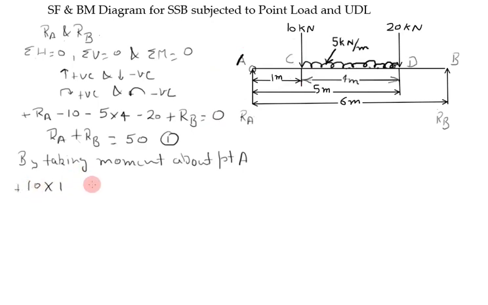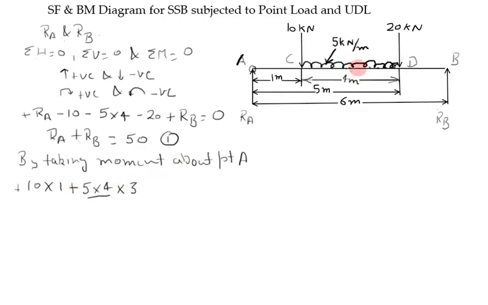Next is UDL, 5 kilonewton per meter acting on 4 meter. So this is the load, and distance of its CG from point A is 3 meter. CG lies at half of the total distance. This is 4 meter, half is 2 meter, 2 meter plus 1 meter becomes 3 meter, and it's clockwise direction.